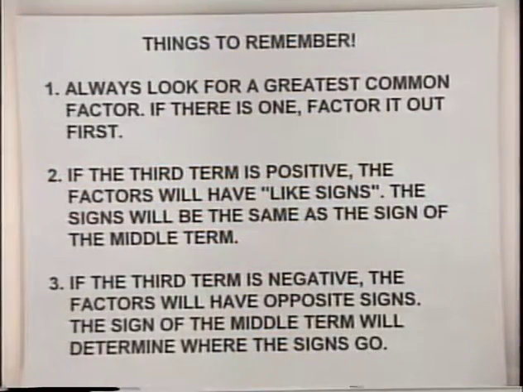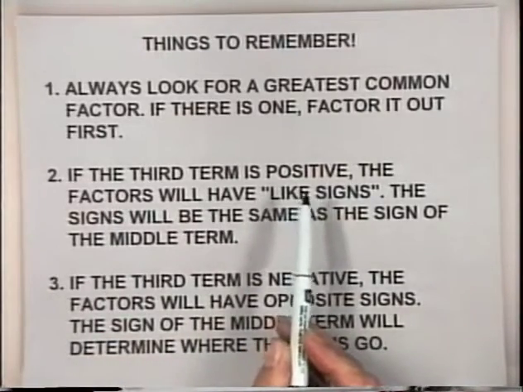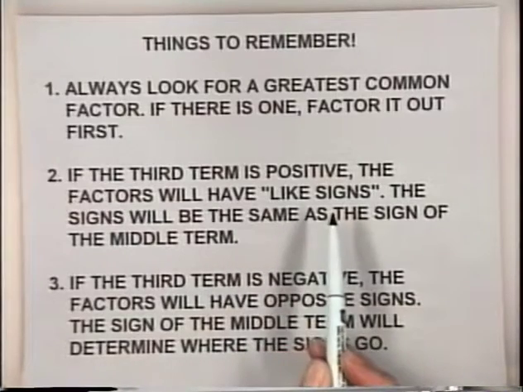If you do not get your common factor factored out, then you will have an incorrect solution. The second reason, though, for doing that first is that if you have a common factor and can get that factored out, the other numbers in the problem become smaller, and it's much easier to find the factors of those smaller numbers. The second thing we want to remember, as we said, if the third term is positive, the factors will have like signs.